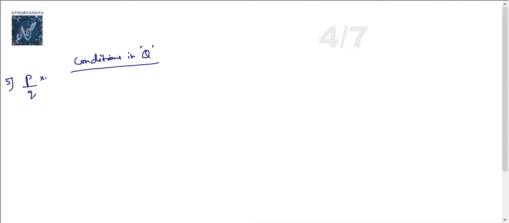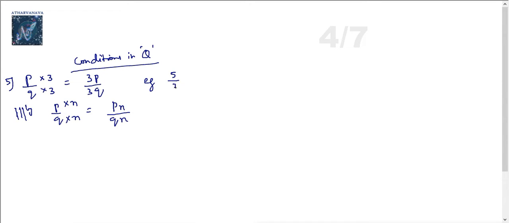If you multiply with the same number, you get 3P by 3Q, which can get cancelled back to form P by Q. Similarly, I can multiply P by Q with some non-zero number n, so I can write Pn by Qn. For example, 5 by 3 into 2 into 2 can be written as 10 by 6. Further cancel it, you will get 5 by 3, correct?